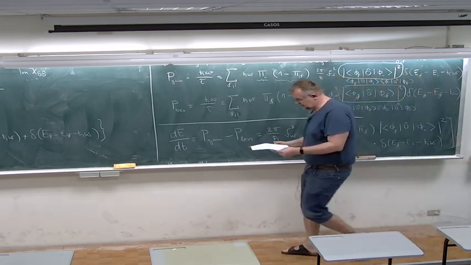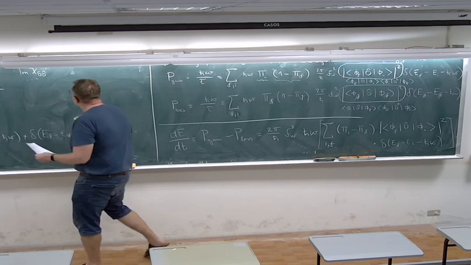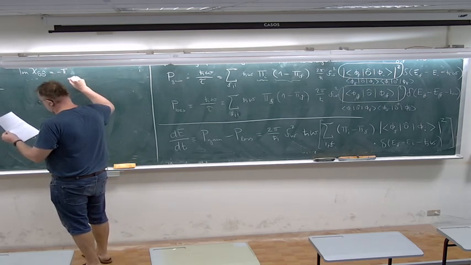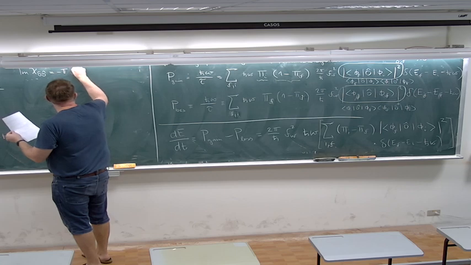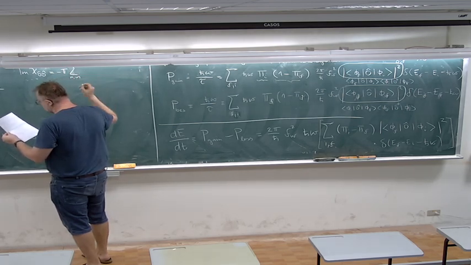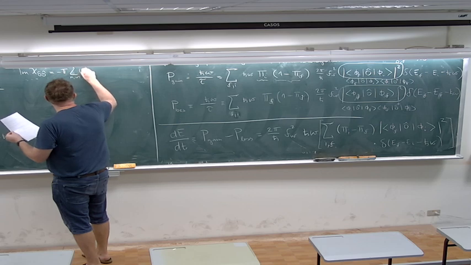So the imaginary part is exactly minus p and this summation. But before I had n and m, just remember that the difference is that now I have the initial and final states.